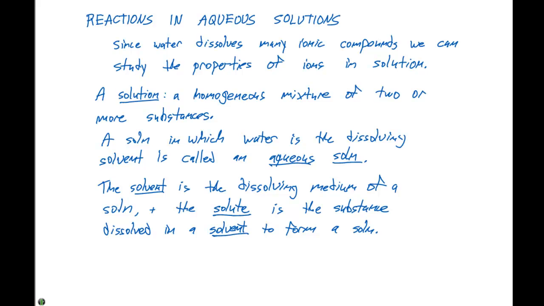And typically, the solvent is present in a large quantity and the solute is a much smaller quantity. So if we have a cup of water and we take a teaspoon of sugar and dump it in there, the water is the solvent that's present in a more large quantity, and the solute would be the sugar that's present in a smaller amount.